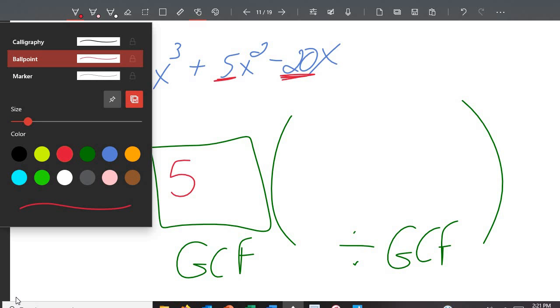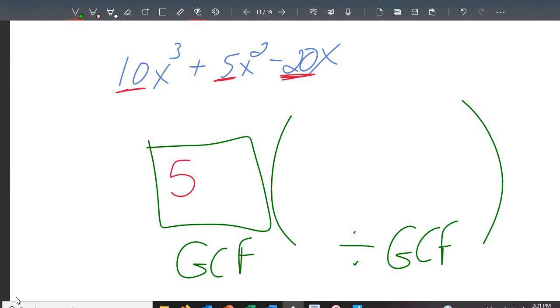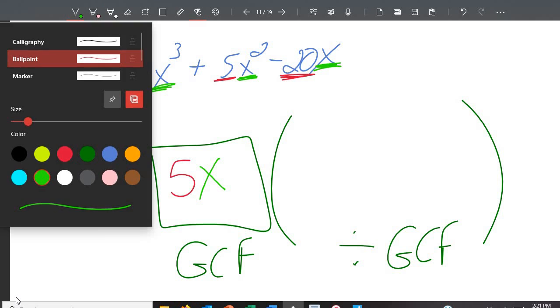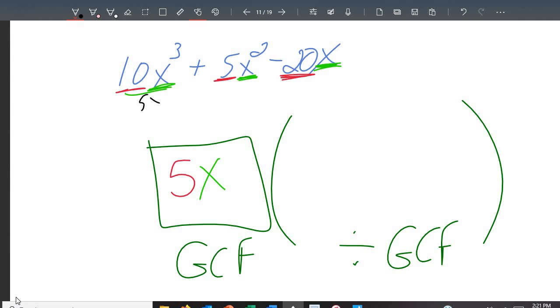Now, notice all three of them have x's. That means we put an x in front with the smallest exponent. Now I'm going to divide everything by 5x.